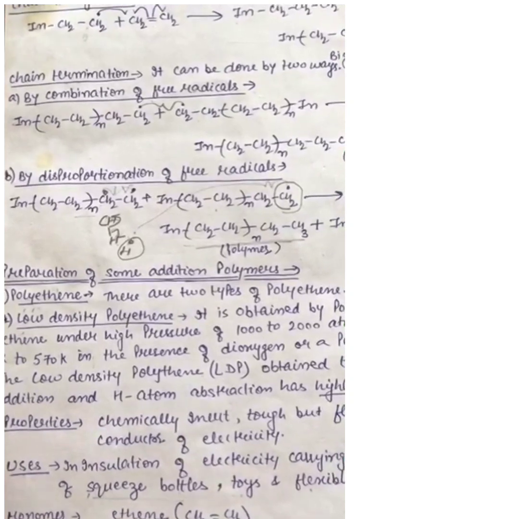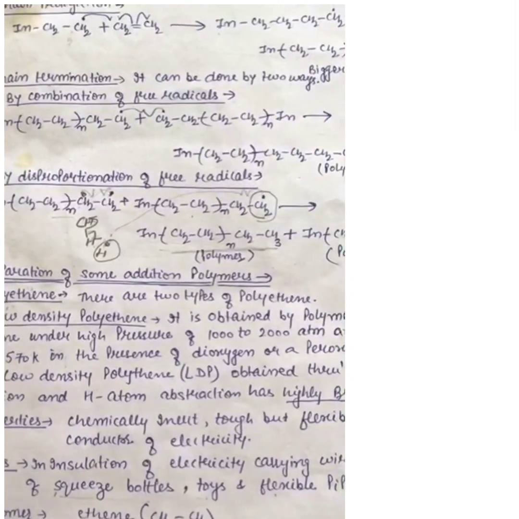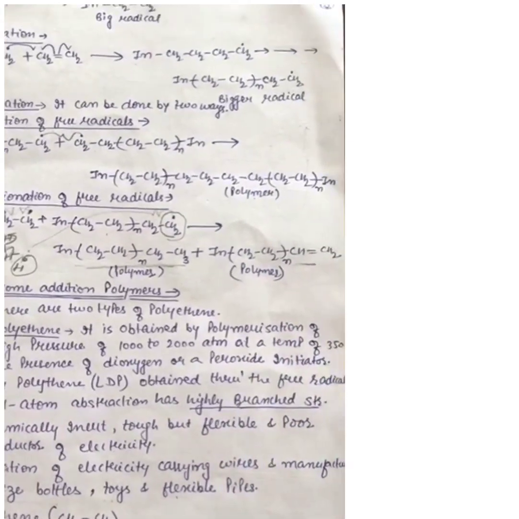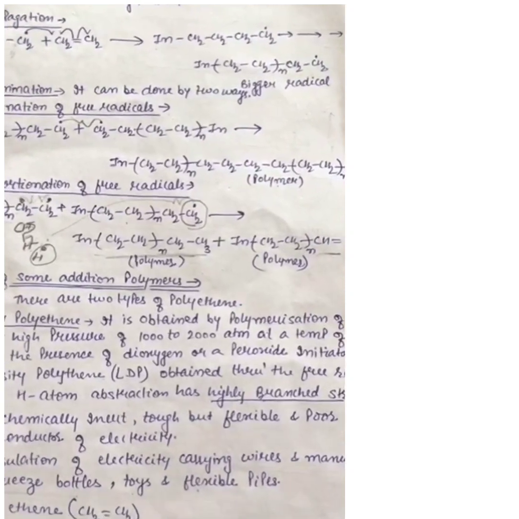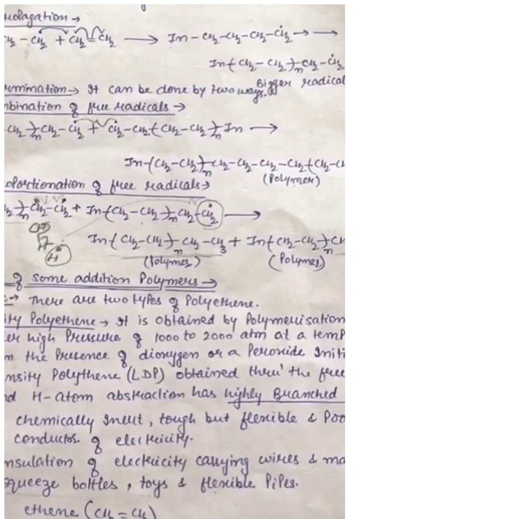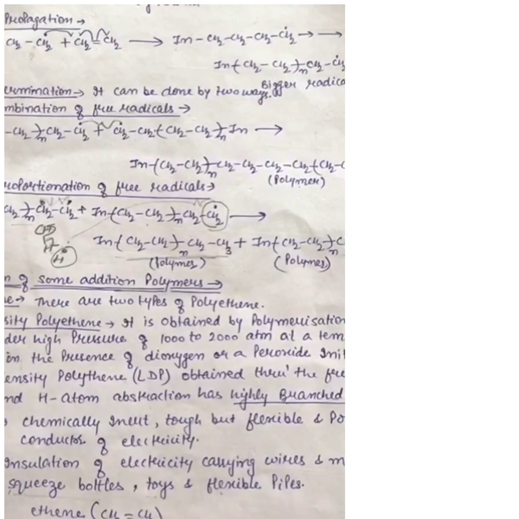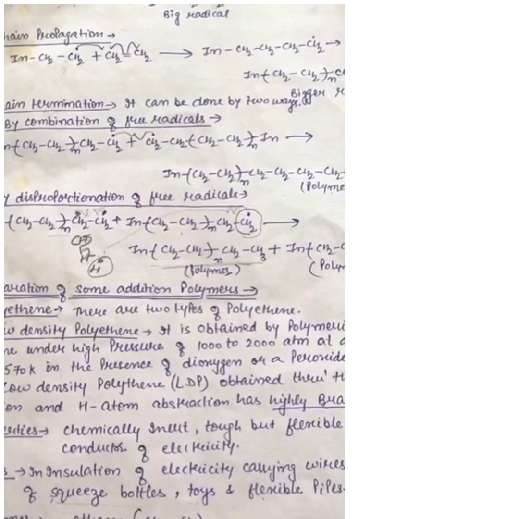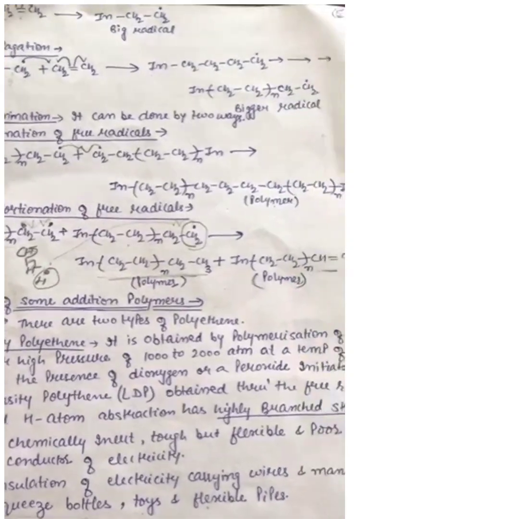In order to make high density polythene, the monomer will be the same, that is CH2 double bond CH2, but we have to apply some extra conditions. We will use a catalyst such as triethyl aluminium and titanium tetrachloride. Very important, it comes as a 1 mark question also, and this is known as the Ziegler-Natta catalyst.